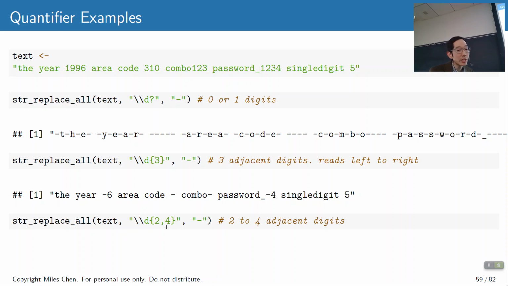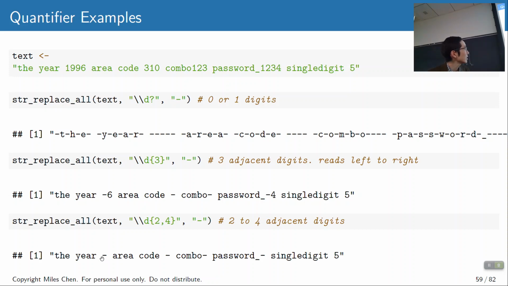Whereas over here, I can just say replace between 2 to 4 characters, and this will try to get as many as it can. So if it can get 4, it gets 4, and it replaces 1996 with a single dash, rather than matching 19 with a dash and then 96 with a dash. 310, 123, and 1234 are each between 2 and 4 characters.